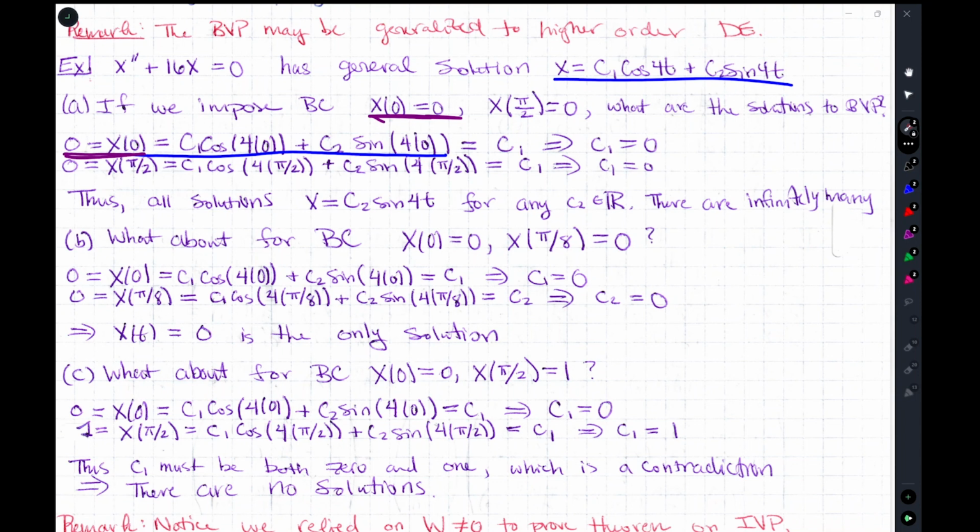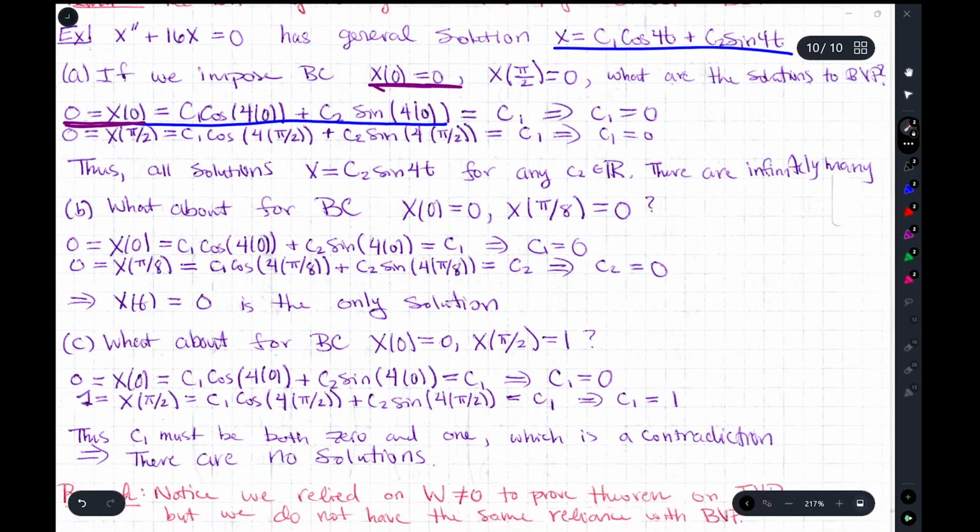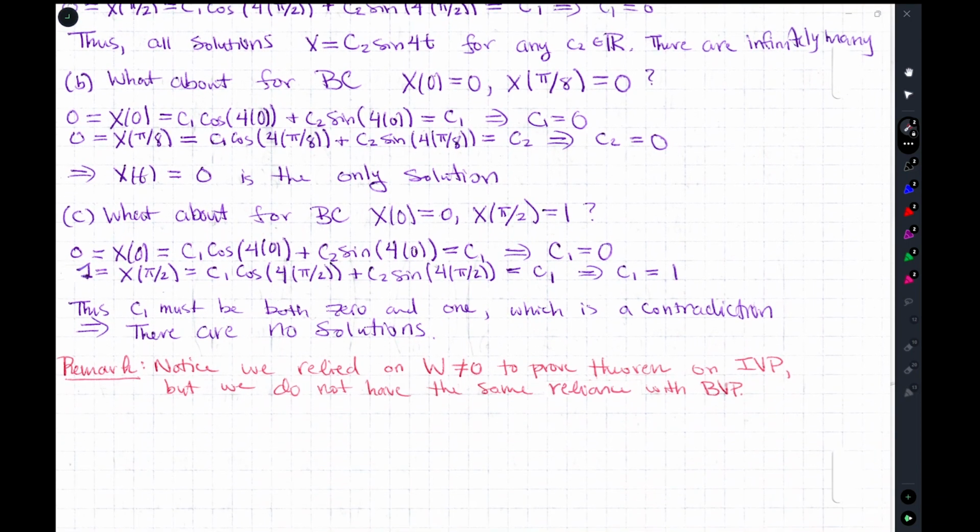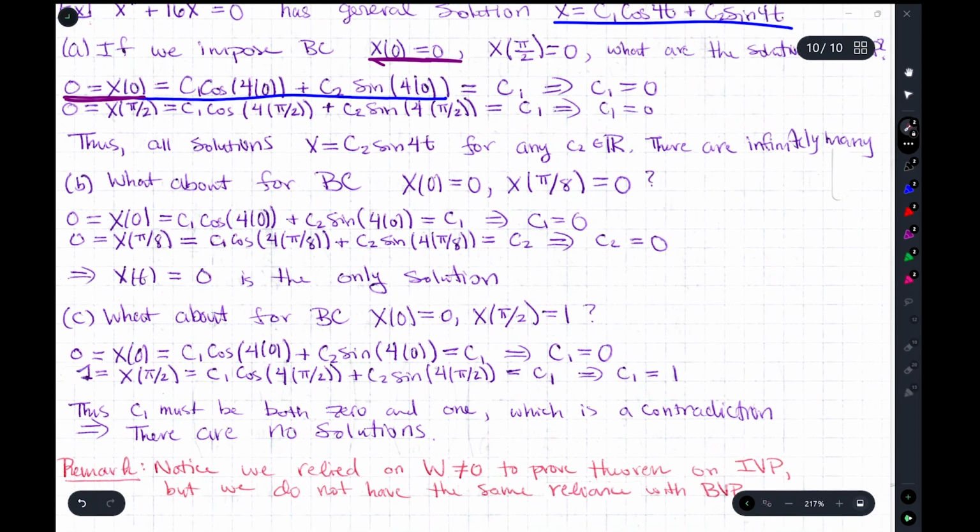So we just looked at one differential equation, and we saw how, by varying the boundary conditions, we could get infinitely many solutions, we could get a unique solution, or we could get no solution, okay? So we don't have that same guarantee that we had when dealing with the IVP, the initial value problem.